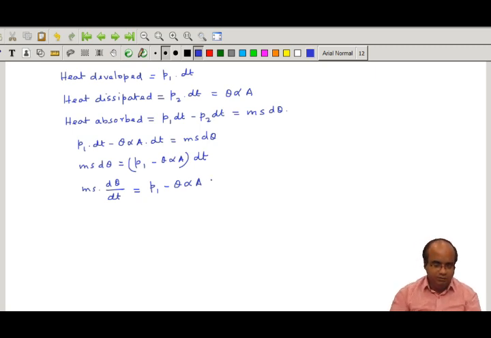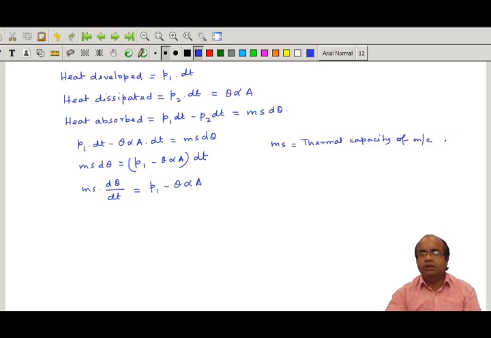Now considering ms is the thermal capacity of the machine. That can be considered as K1, a constant.